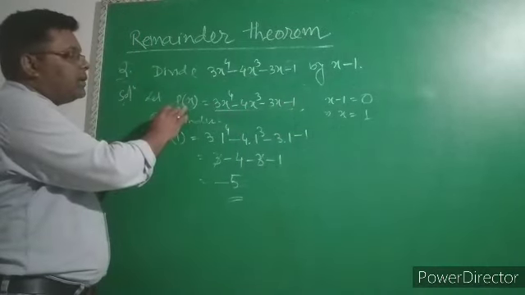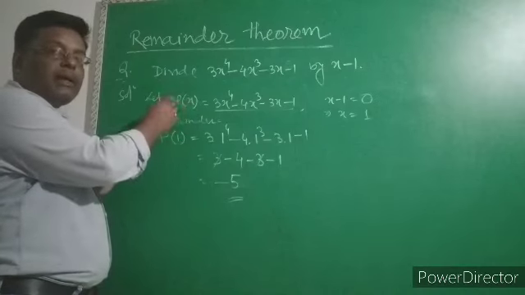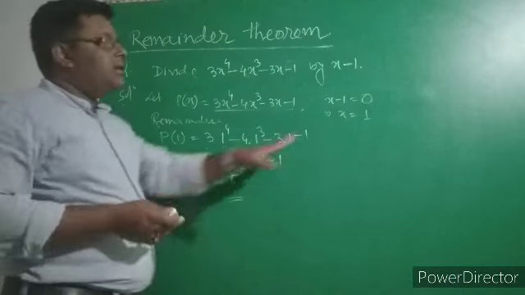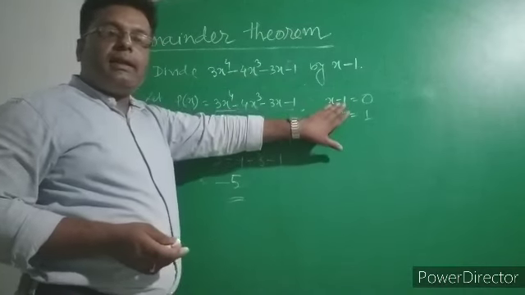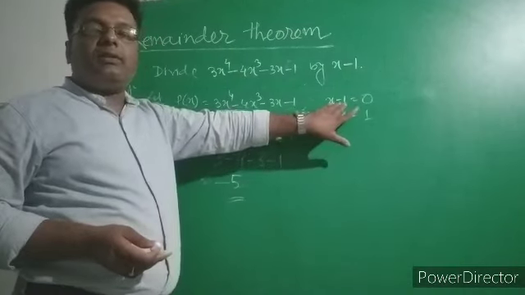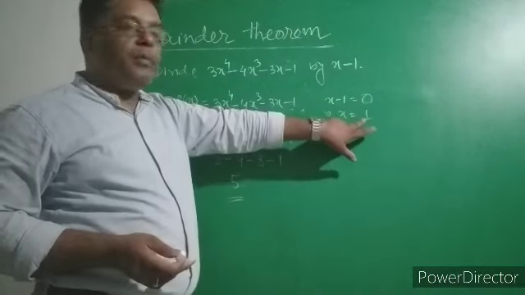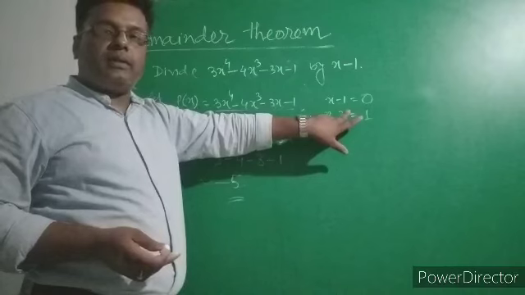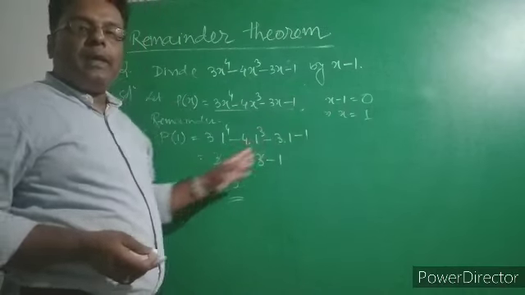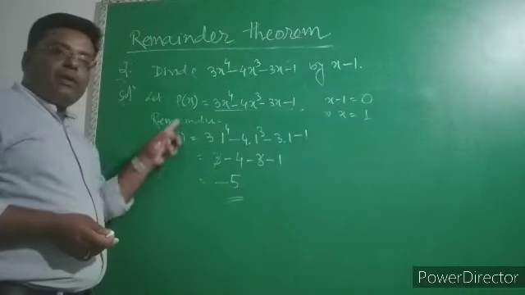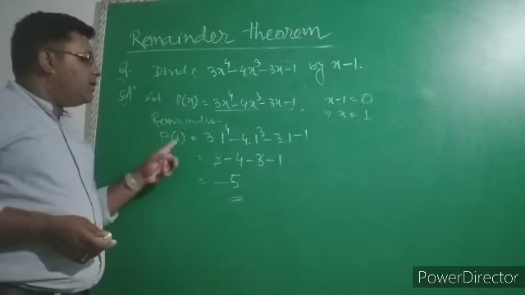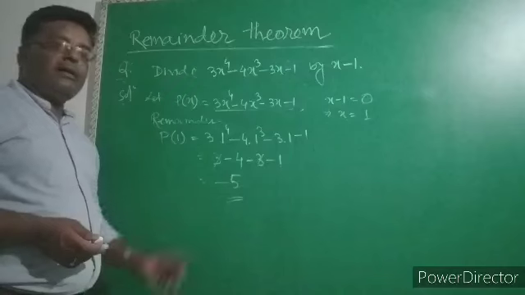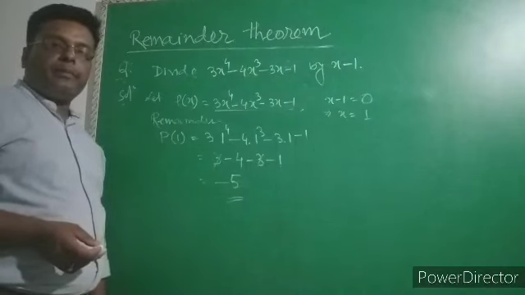In place of p(x), you can also write f(x) or q(x) or r(x). Next, we take the divisor equal to 0, so we get the value of x for which the divisor becomes 0. That is the zero of this divisor. Now we replace the x of the dividend by the zero of the divisor, and we get the remainder.